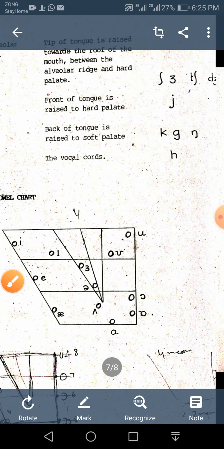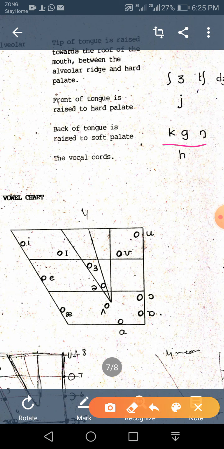The sounds produced are three. As we can see, these are the consonant sounds k, and this one, g, and then this one, ng.